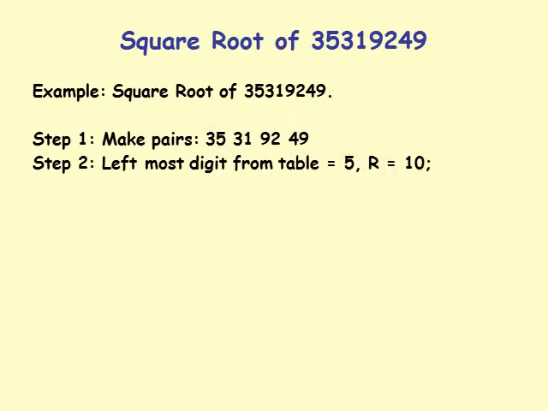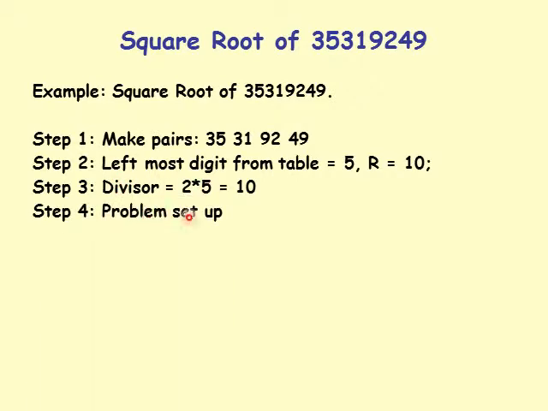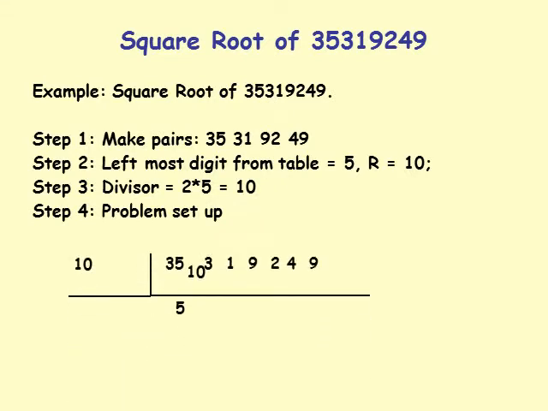Let's continue here. The divisor would be 2 times this 5. 2 times 5 equals 10. That is our divisor, so we would be dividing by 10. Now let's set up the problem for division. The problem is 35, from which we got a 5 here.